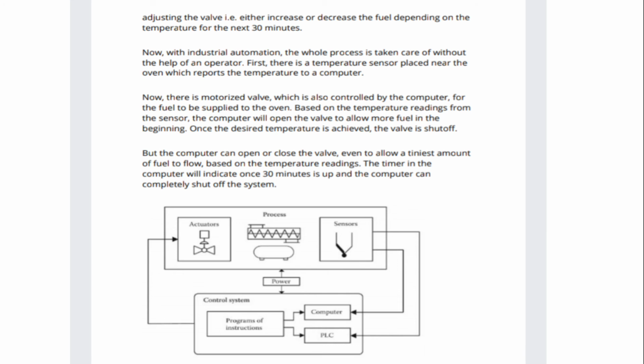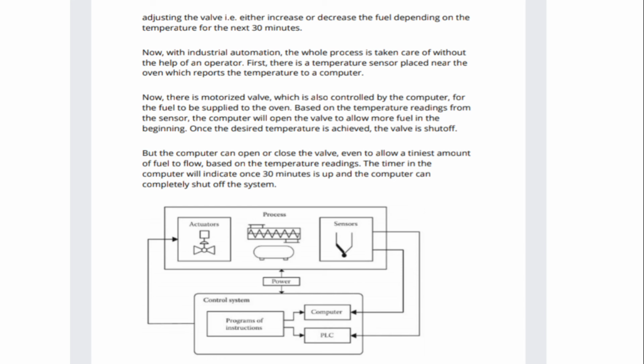Once the desired temperature is achieved, the valve is shut off. But the computer can open or close the valve even to allow a thin amount of fuel to flow based on the temperature reading. The timer in the computer will indicate once 30 minutes is up and the computer can completely shut off the system.